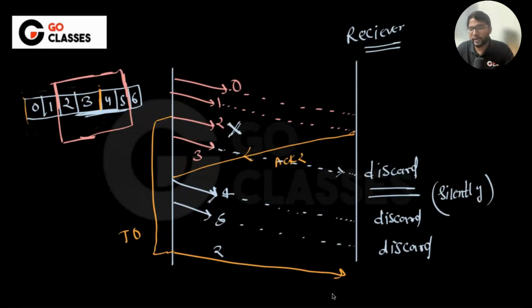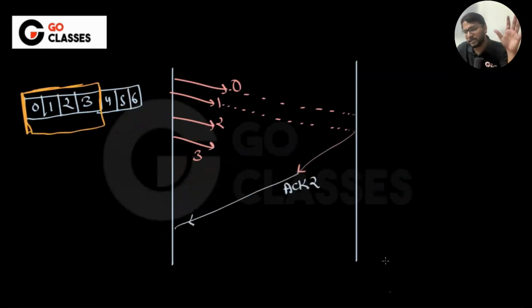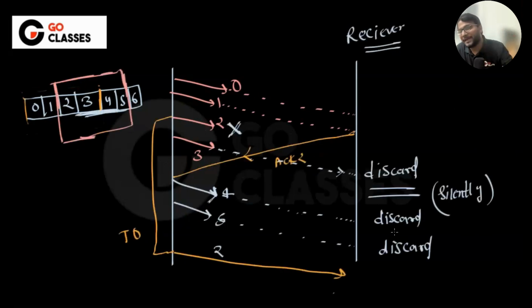What do you think? Are you getting my question? See, my question is that here I'm maintaining the timer for 0. Is this fine to everyone? Okay. Here I'm maintaining the timer for 2. Is this fine? Yes. Now you tell me, this timer for 2 will get started where? At this point or where?